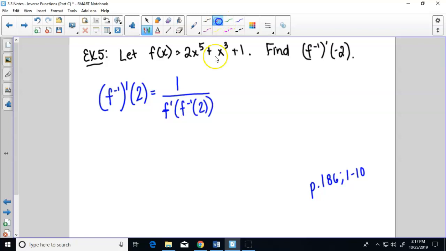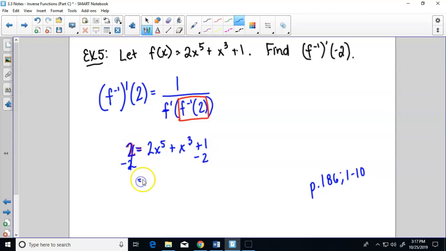So the first thing you've got to find is f inverse of 2. Here, 2 is the x for the inverse, so that means it's the y for the original function. So we would plug in 2 for our y here. So we have 2 equals 2x to the 5th plus x to the 3rd plus 1. We would subtract that 2 from both sides.